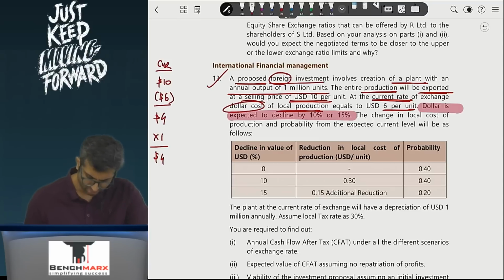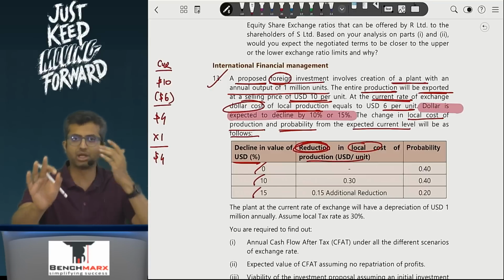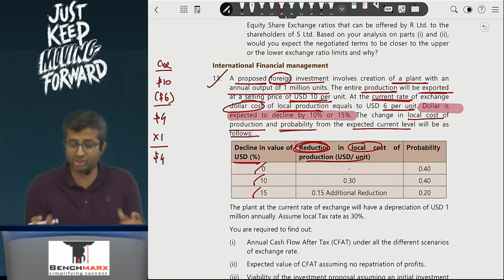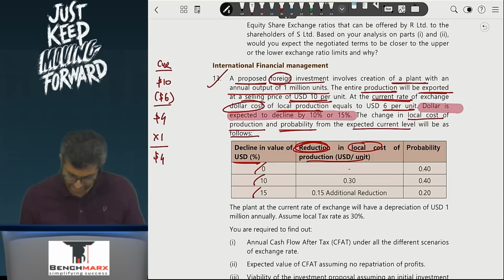The change in the local cost of production and probability of the expected level will be as follows. So if there's a decline in the value of dollars by either 0%, that is remains the same, or 10% or 15%, there will be a reduction in the local cost of production. How? We don't know, but they have clearly told that if the exchange rate changes, the cost of local production will reduce. It will reduce by 0.3 and 0.15.